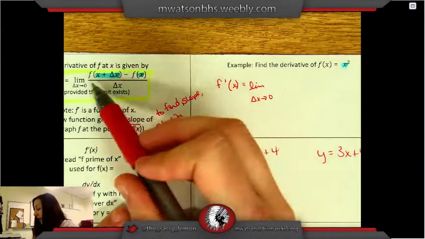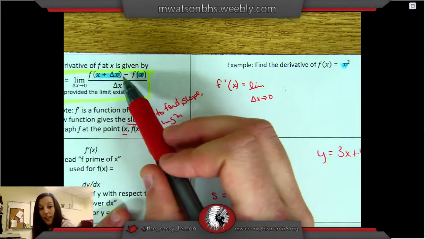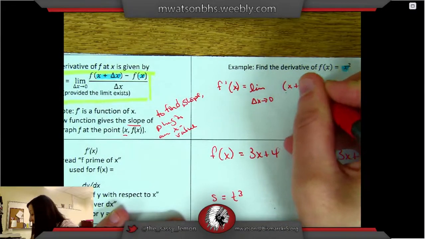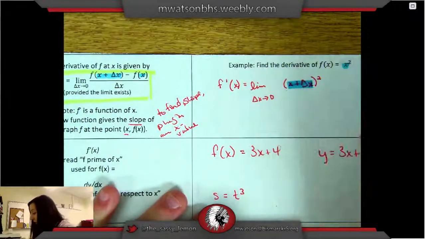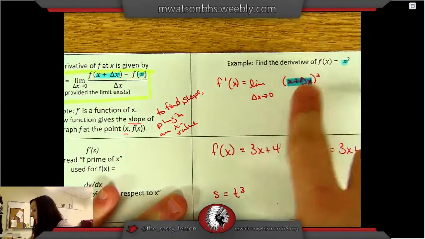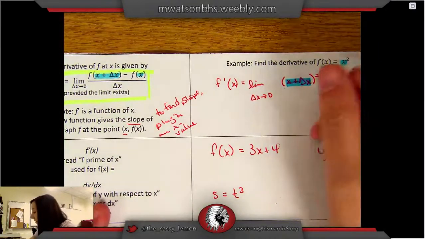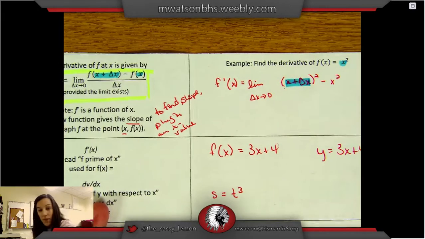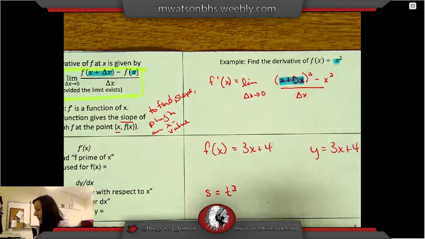So instead of writing this again, I'm going to write what f(x + delta x) actually means, which is (x + delta x) quantity squared. You can see that I just took this blue here, plugged it into my function, and wrote down the function there. And then it says minus f of x. Well, f(x) equals x squared, so we'll just write that, and then it's all over delta x. Nothing to do different there.